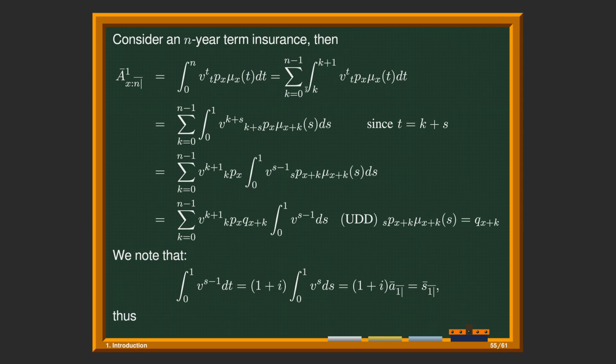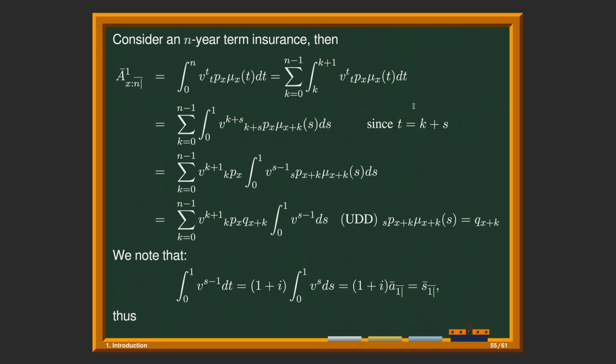Okay? And then if we look at this integral and change our variable from the original t to s, what we do is break up t into the integral part k and then the fractional part s. So t is k plus s. So the integral now takes this form after making the change, right?